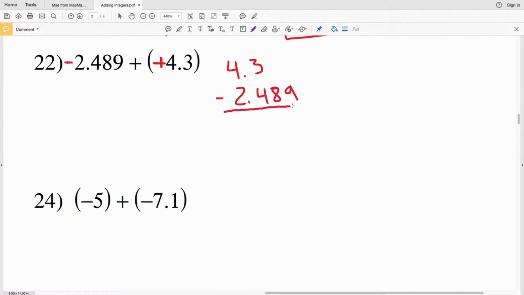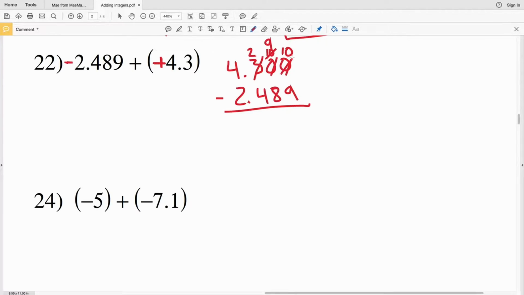2.489. Remembering to keep those decimals lined up, we have to add in our placeholders, and we're going to have to borrow from this tenths place. So borrowing from the tenths place, we're going to leave 2 there, and we're going to move 10 to here. But we need to borrow from this place, so this becomes a 9, and this then becomes 10.